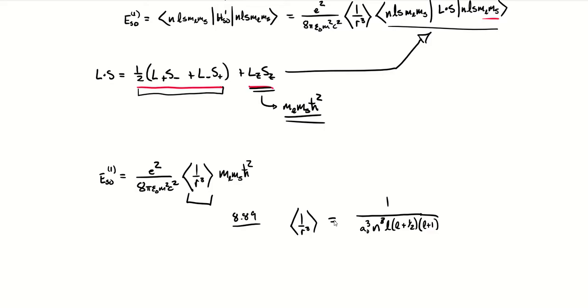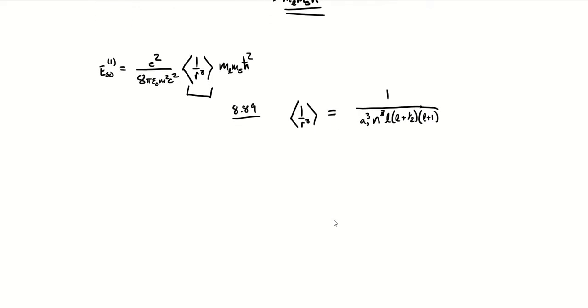So knowing that term right there, we can plug this all together and get the energy correction to first order due to the spin orbit term of our Hamiltonian.